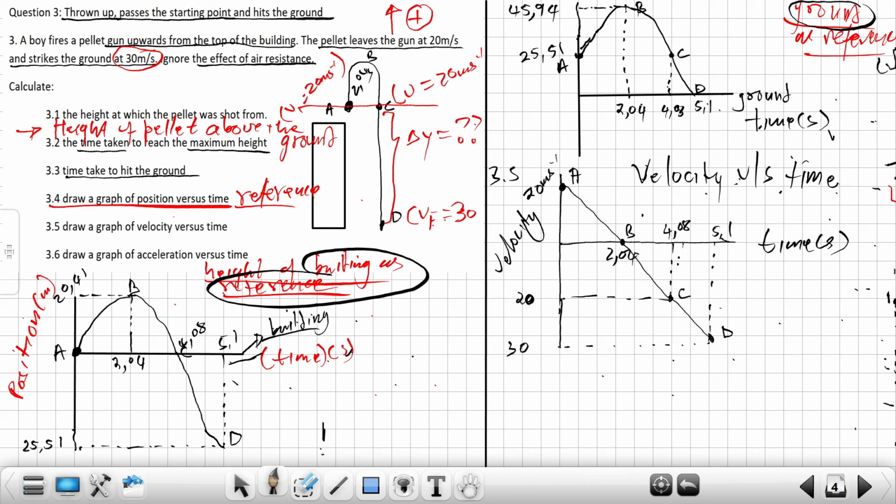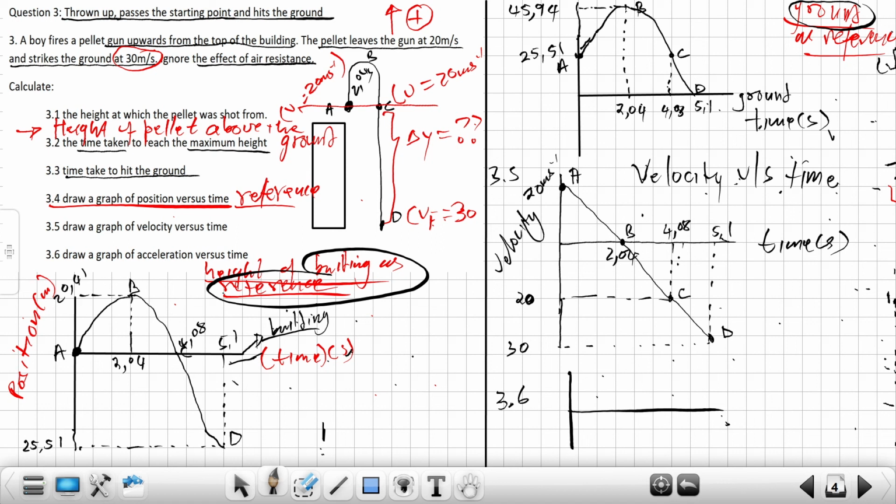The last one, which is 3.6, draw the graph of acceleration versus time. So with acceleration versus time, I will just add it here at 3.6. We have our acceleration versus time. So we know that acceleration versus time, in this case, we said our upward is positive, so it means our g is negative.